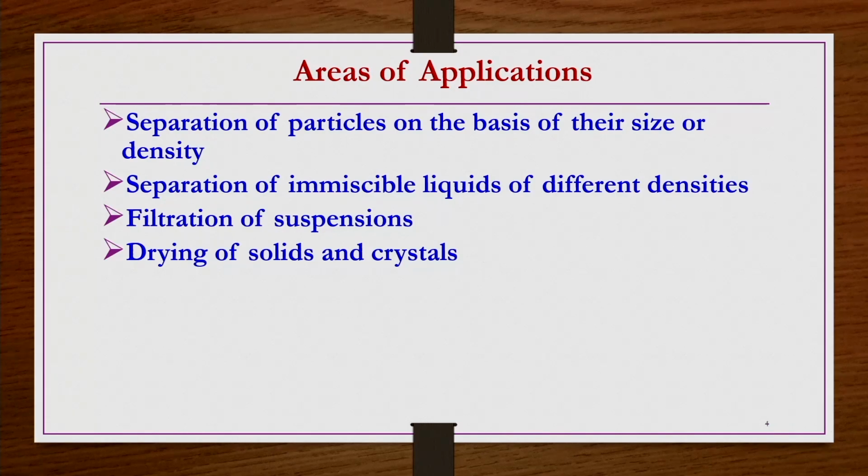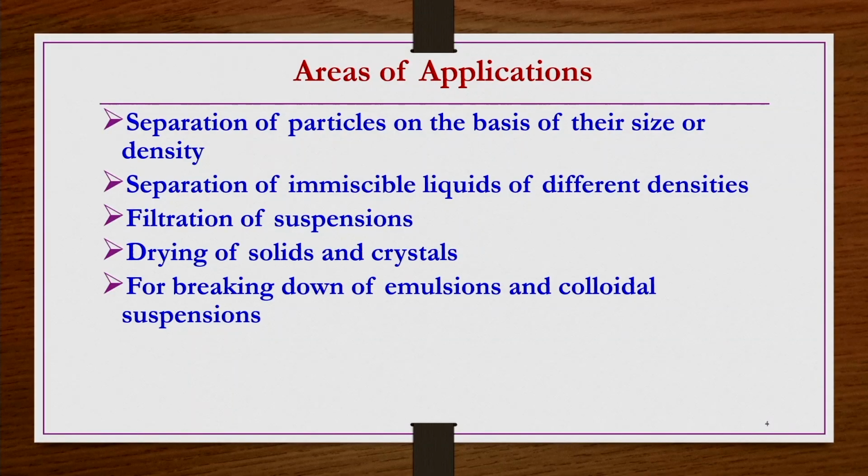In centrifugal filtration, we have also seen that if you want to partially dry the solids that have been separated from the slurry, then you rotate those solids in the same centrifugal separation unit for some more time, but at a much higher rotational speed compared to the speed used for filtration. Then the liquid trapped in the interstitial spaces between the particles of the cake will also be drained off, and the solids would be partially dried. So, drying of solids and crystals is one application.